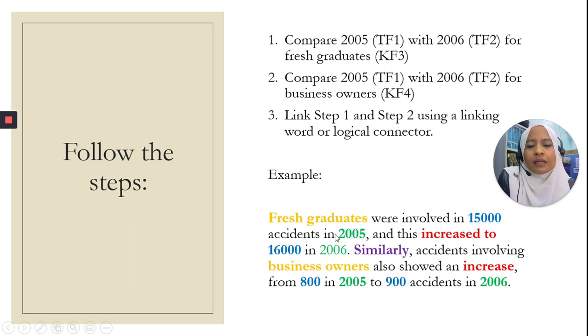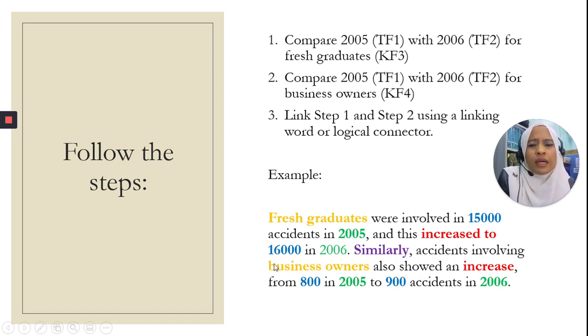Similarly, if you look at the word similarly, this word is actually a comparison. So we use this logical connector as a comparison. Similarly, accidents involving business owners also showed an increase from 800 in 2005 to 900 accidents in 2006.